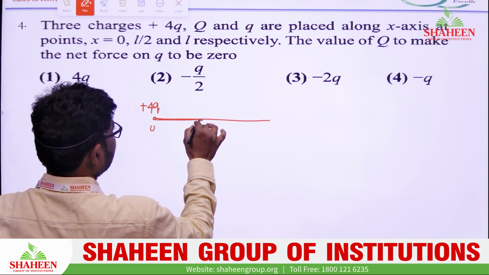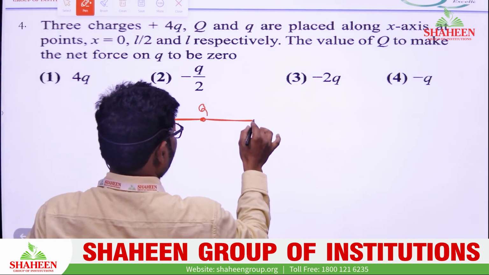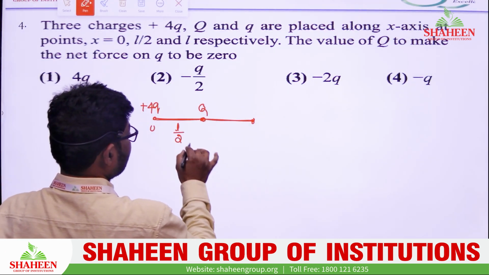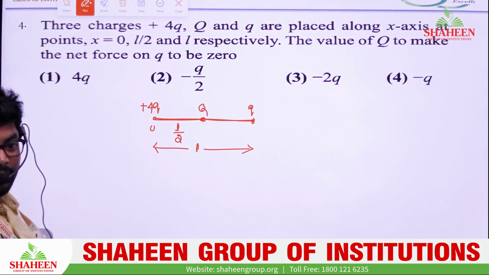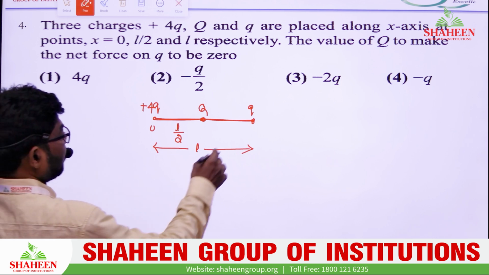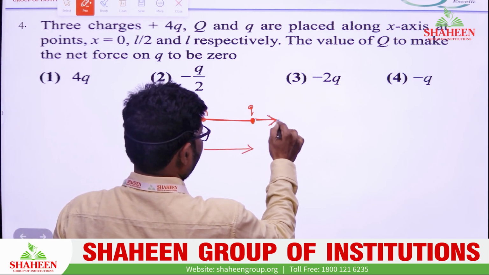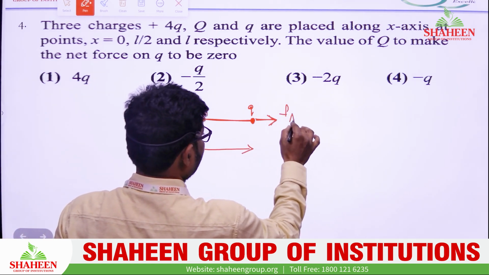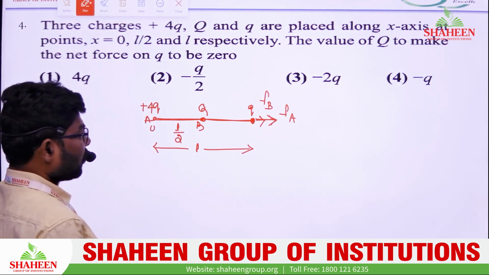At x equal to L distance we are placing capital Q, and at L by 2 we are placing q, so the total distance is L. The force due to A is away, and the force due to B is also away. For the net force to be zero, the forces from the two charges must balance.